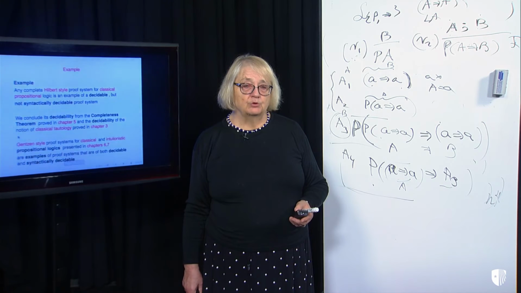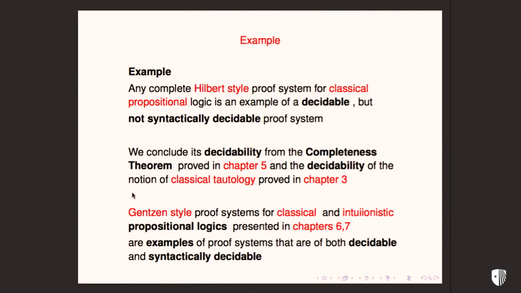Okay, and that is automatic theorem proving. We are going to show from the completeness theorem proved in chapter 5 and the decidability of the notion of classical tautology we prove in chapter 3, and the Gentzen proof systems for classical and intuitionistic propositional logic we present in chapter 7.